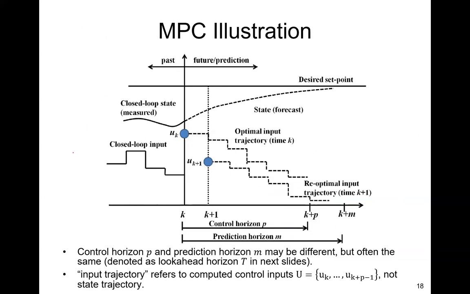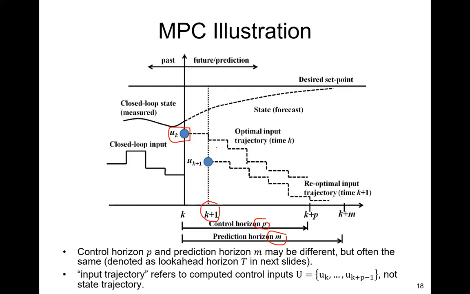So here's the picture. You are looking ahead at the prediction horizon, and computing a set of control inputs for the control horizon, and then taking the first control input UK, and then you move to time step k plus 1, but you throw away the rest of the control inputs you computed.